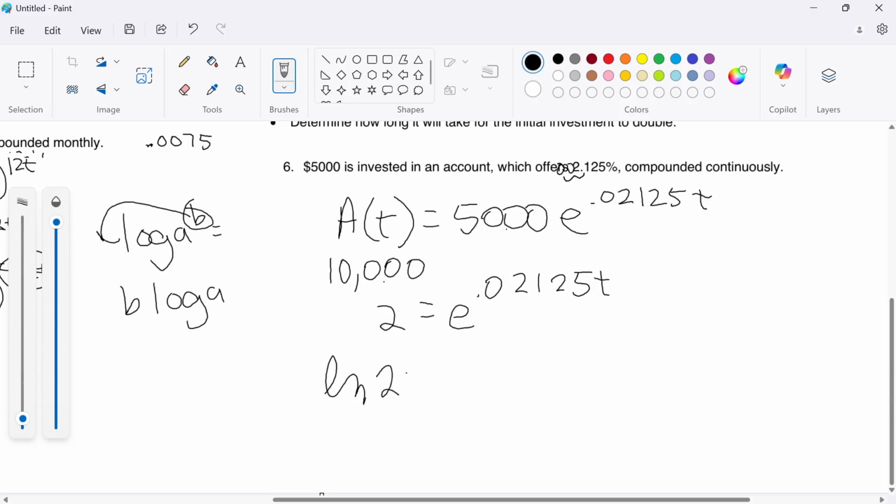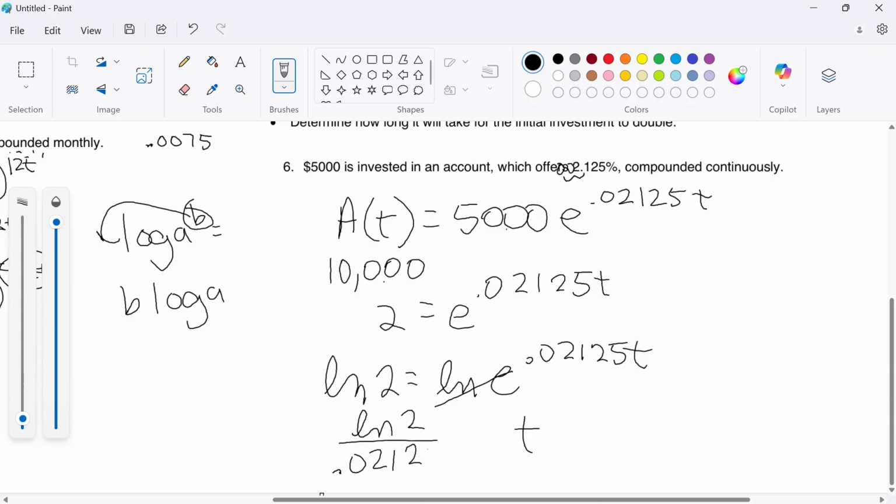Natural log of 2 equals the natural log of e to the 0.02125t. Natural log is log base e, and log base e of e is just 1. They cancel out. So this is natural log of 2 equals 0.02125t. And if I divide both sides by that interest rate written as a number, 0.02125, that will tell me the time to double.